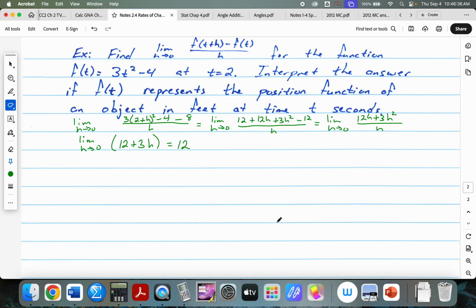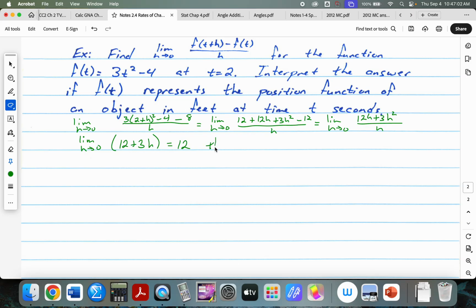So let's think about this just a second. If f of t represents the position function of an object, what I have found is the difference in position over the change in time, t plus h minus t. Remember, that always just gives you h.